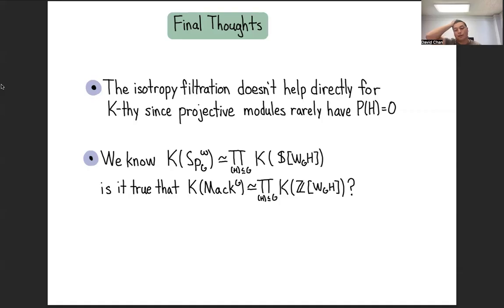So the natural question to ask is: does the K theory of the category of Mackey functors also split, as the product over conjugacy classes of subgroups of the K theory of these integral group rings? I really believe this should be true, but I don't know how to show it's true. So I just wanted to throw that out there. And if anyone knows how to do it, feel free to let me know.